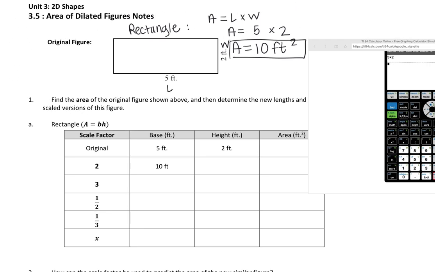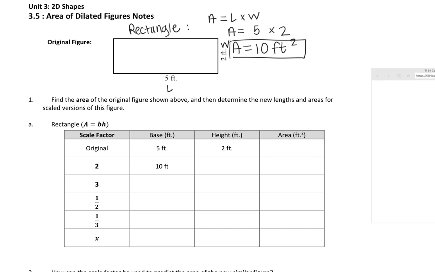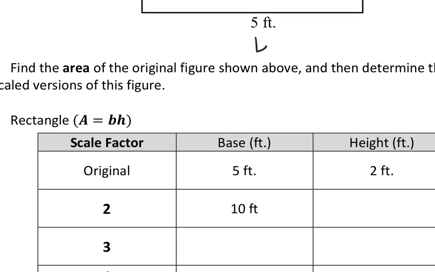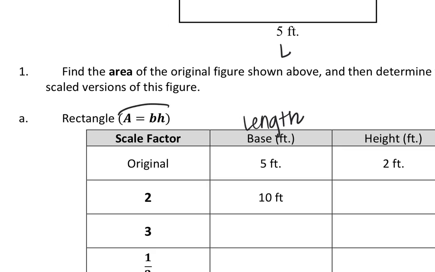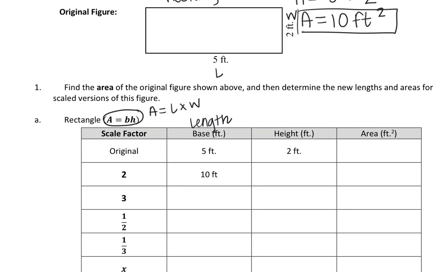Okay, right below we have a little table here that we'll be using today. It says, well, if the original rectangle is 5 feet by 2 feet, and it says base, but in other words, they're talking about the length. And so in this formula, it says base times height. In other words, it's A equals length times width. Okay, same thing. It just looks a little different.